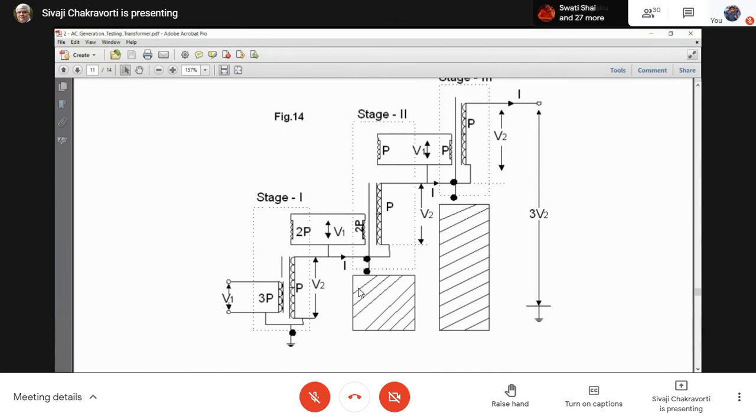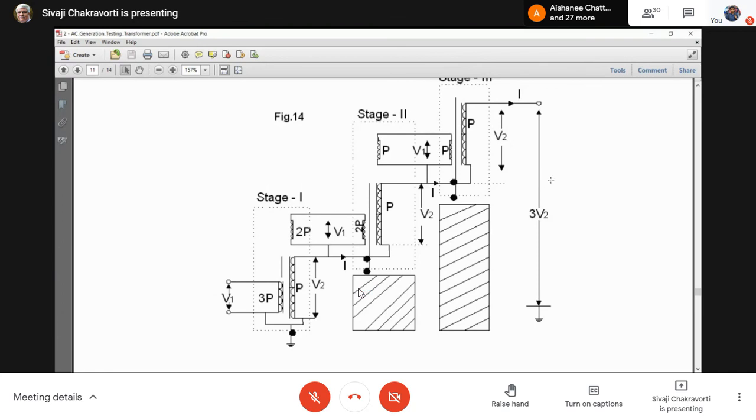Now let us examine. Let us say that the output current on the final right side is I. Whatever it is, I. Then what is the KVA rating of the secondary? It is V2 into I. Let's say V2 into I is equal to P. We all know that the KVA of the primary and the secondary will be balanced.